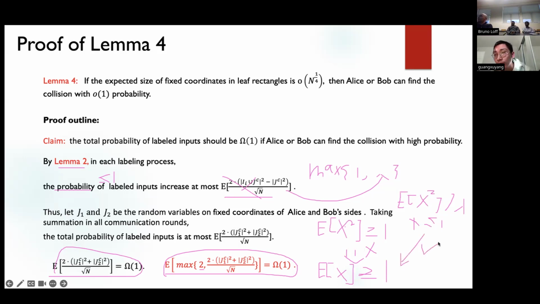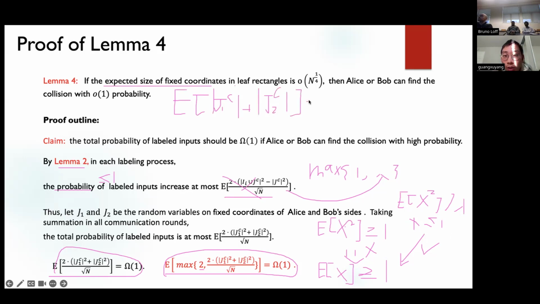This is true. That means what we want to prove is that the expectation of J1 and J2 is large, of J1 cup plus J2.